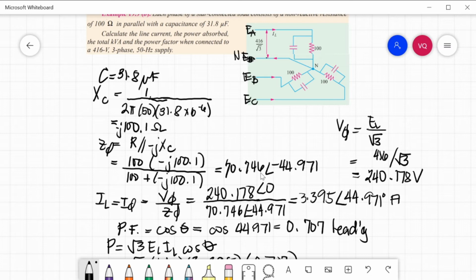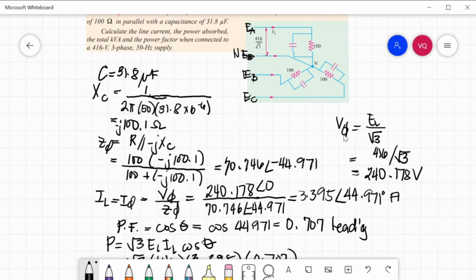The per phase voltage is V phase equal to E line to line divided by square root of 3, that is 240.178 volts.